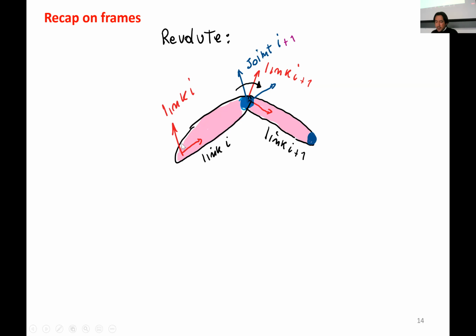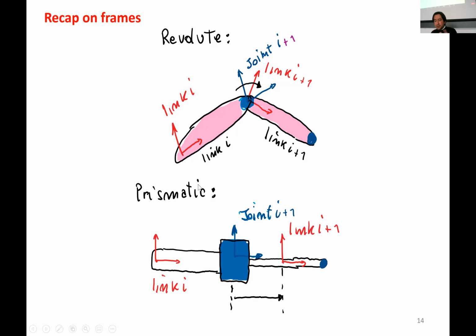The link frame, the one in red, is moving, and joint I+1 remains fixed with respect to that specific link. That's what we're going to use to measure the joint variables, and we also apply this convention to prismatic joints. So joint I+1 supports link I+1.